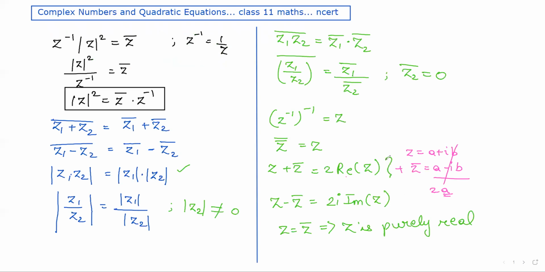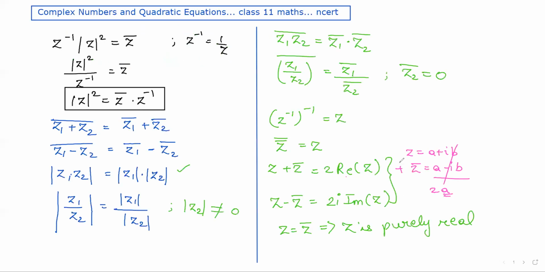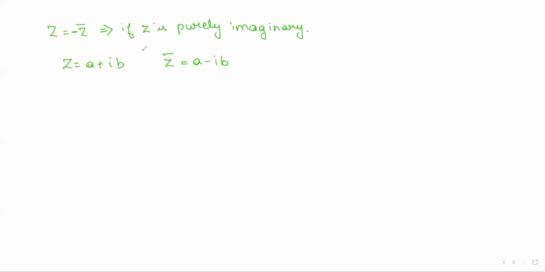Here, we are trying to prove these results: how Z plus Z conjugate is equal to 2 times the real value. We have done it with the help of an example.